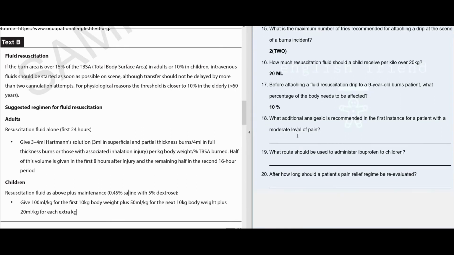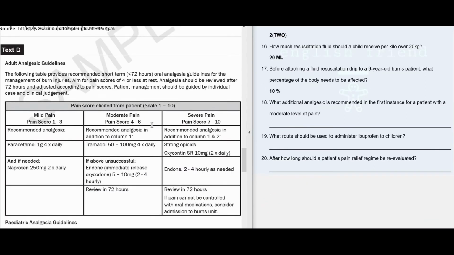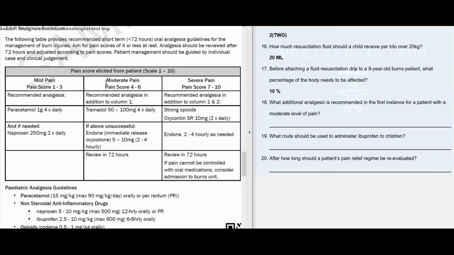Now question number 18. What additional analgesic is recommended in the first instance for a patient with moderate level of pain? Now this can be found in text D. In the table, in the middle portion, in this middle column, you may find moderate pain. And the first analgesic that they are talking about is tramadol. So answer for question number 18 is tramadol.